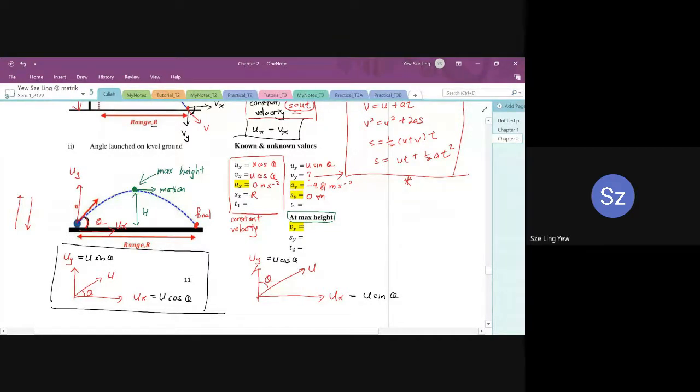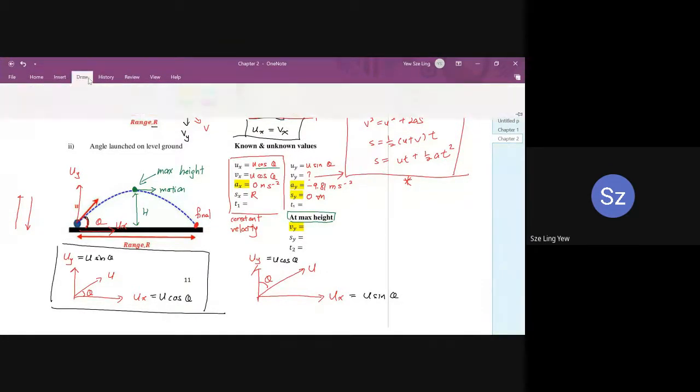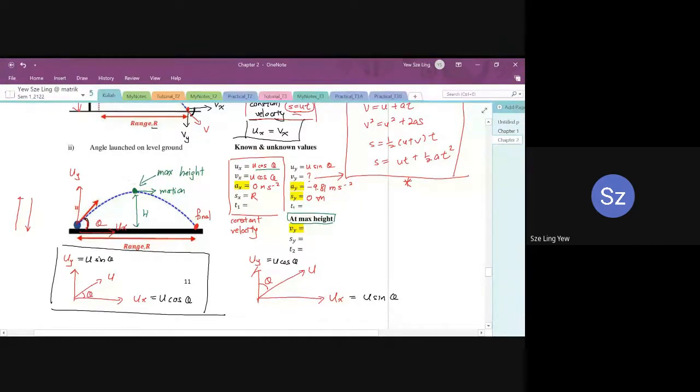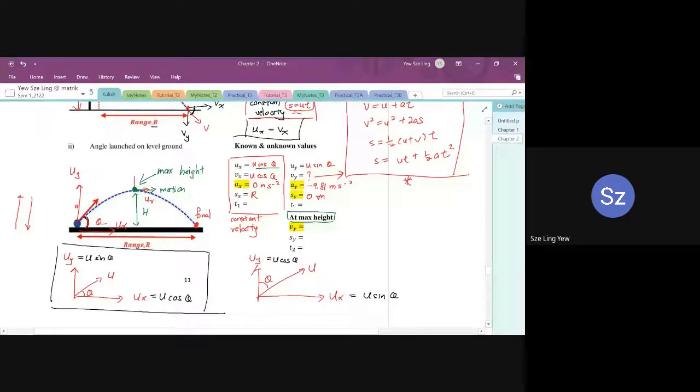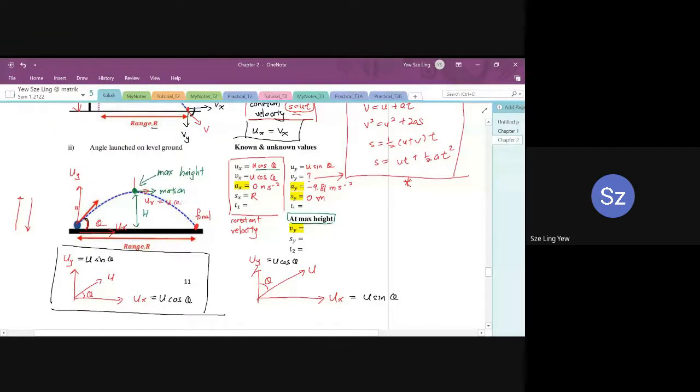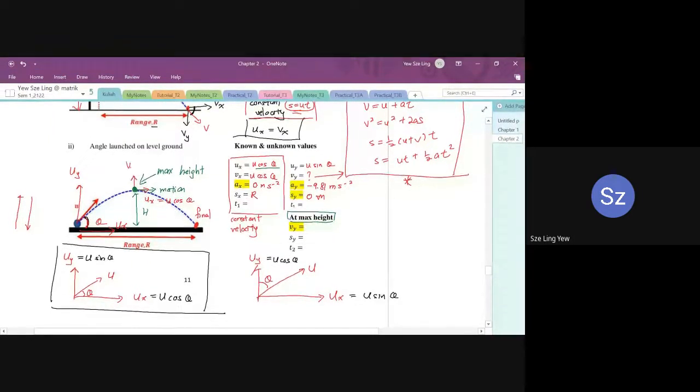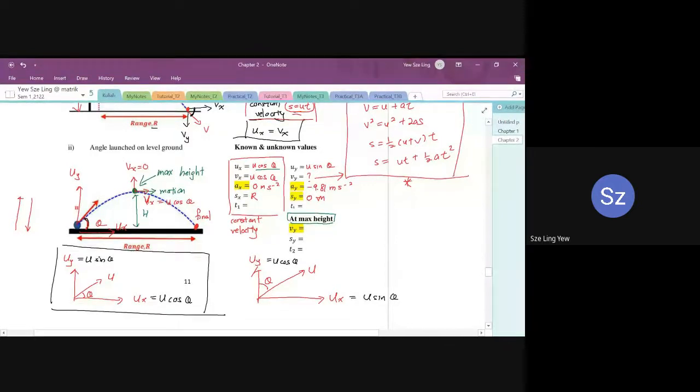So ux, we have u cos theta already. How about vx? Because my object is lying on the x component, my ux is a non-zero value, u cos theta. So this is uy. This is vx, this is vy.